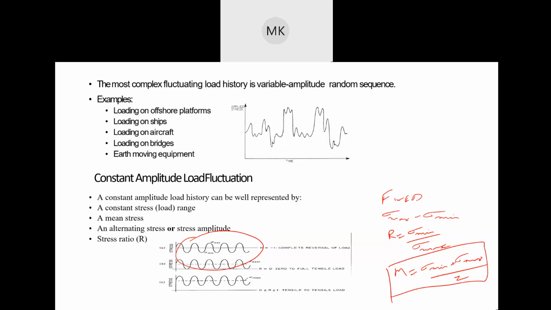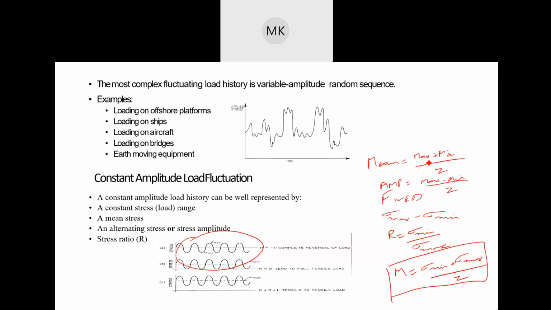So for this kind of testing, all you actually enter is just your amplitude and mean value. That's the only two pieces of information that you enter into the machine, because mean is equal to max plus min by 2, while amplitude is max minus min by 2.